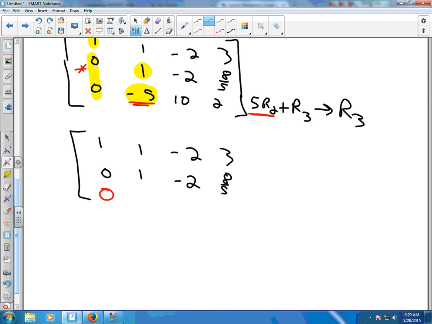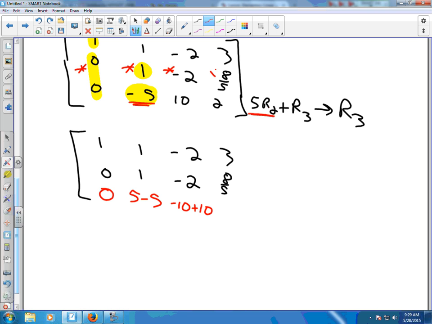Then we'll come to the next column. 5 times that is 5, plus row 3. Then come to the next column. 5 times that, plus row 3.